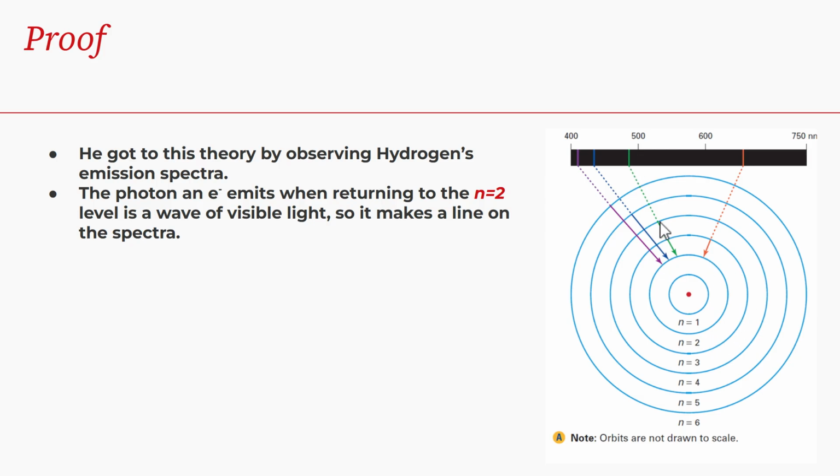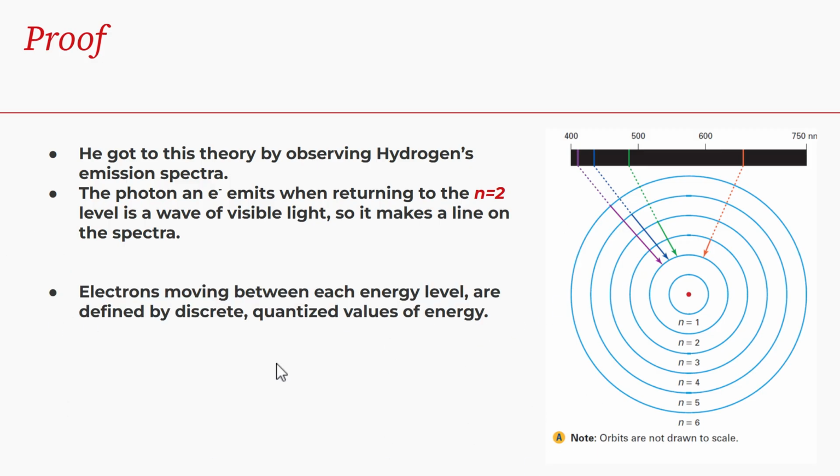It gives this green color when a fourth energy level returns to the second energy level, and so on and so forth. What the element is emitting during its emission spectra is those specific photons of energy that are given off by an electron going back down to lower energy levels.